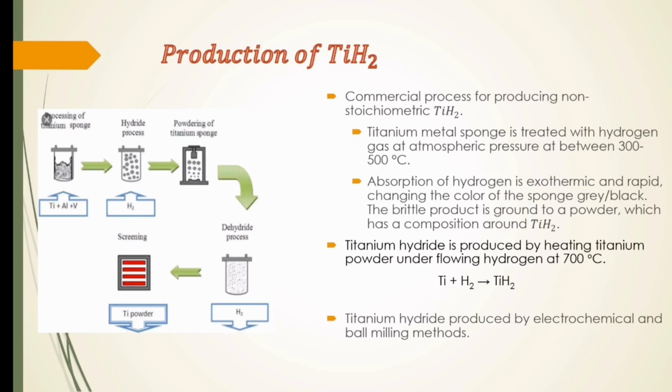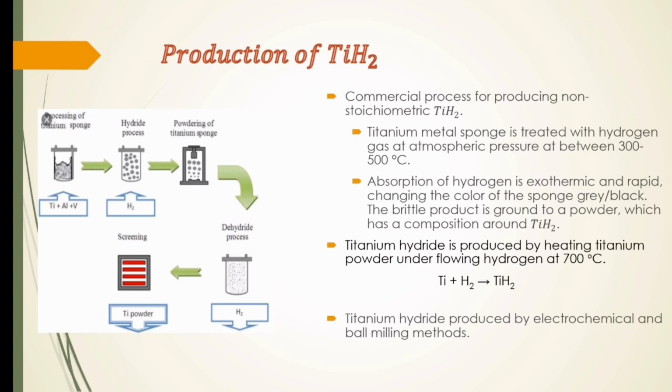So the production of titanium hydride is a commercial process of producing non-stoichiometric titanium hydride. The picture on the left side refers to the commercial process of titanium hydride. The titanium metal sponge is treated with hydrogen gas at atmospheric pressure between 300 to 500 degrees Celsius.